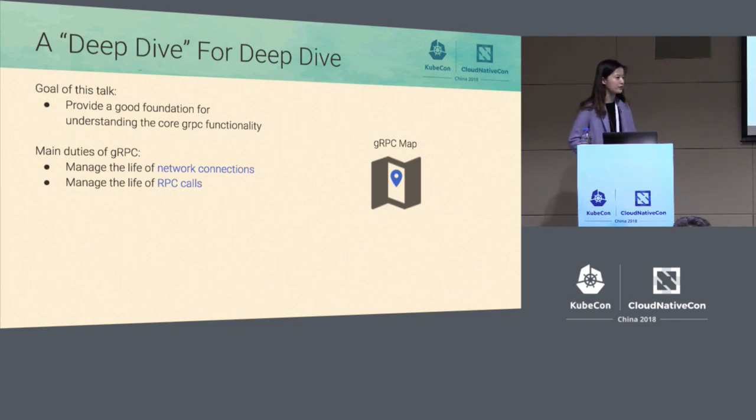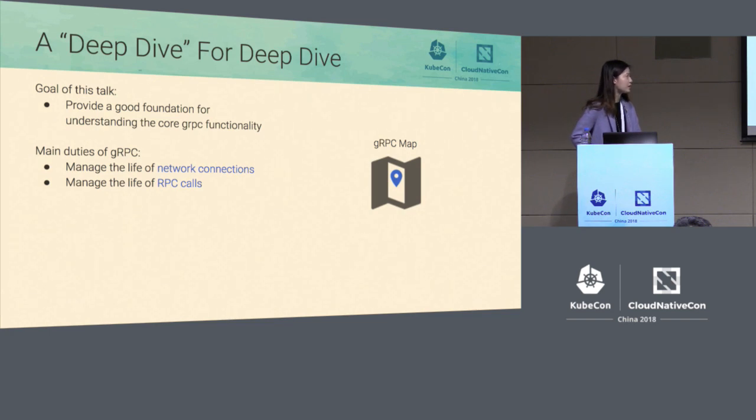Okay, now let's go to the main topic of today. What I want to achieve from this talk is to give you a good foundation for understanding the core gRPC functionality. So later when you explore our code base, you feel more confident and more comfortable.